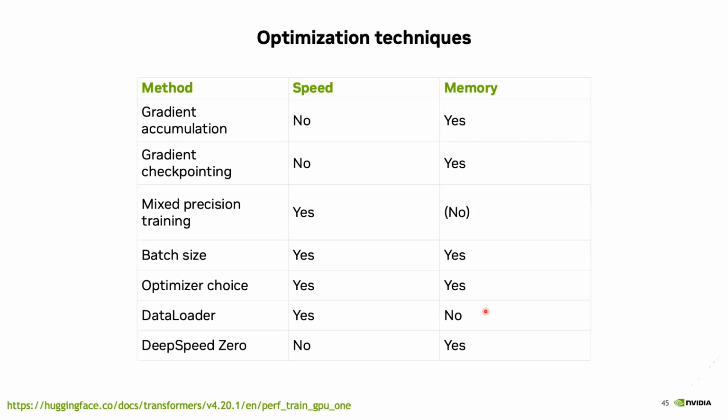For batch size, of course, the bigger the batch size, the lower the throughput is going to be, and you're also going to use more memory. Optimizer choice matters, a simple example being SGD versus Adam. For data loaders, the more efficiently you do them, the more your speed is going to improve. Memory, not much on GPU, because we don't usually have data loaders there.